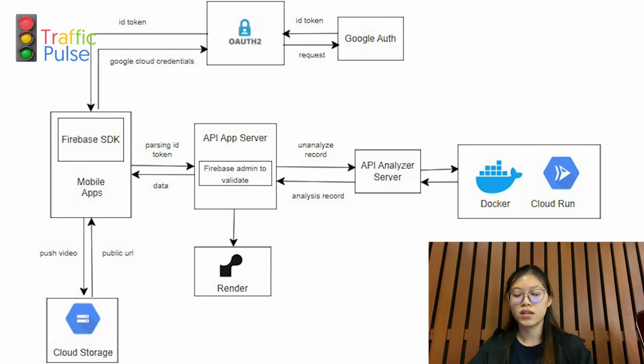The API is also deployed in a Docker container in Google Cloud Run, and the API app server is hosted on Render. So that's the diagram for the cloud computing flow.